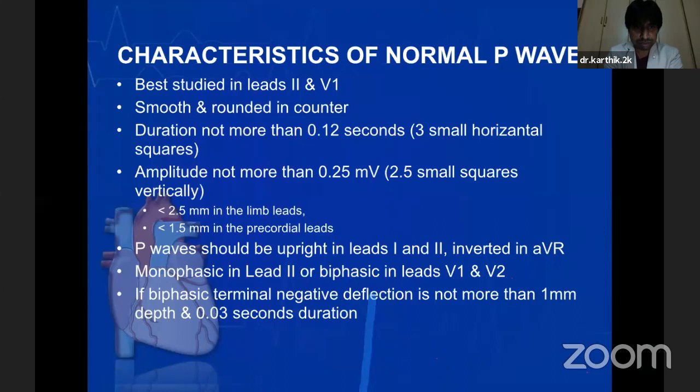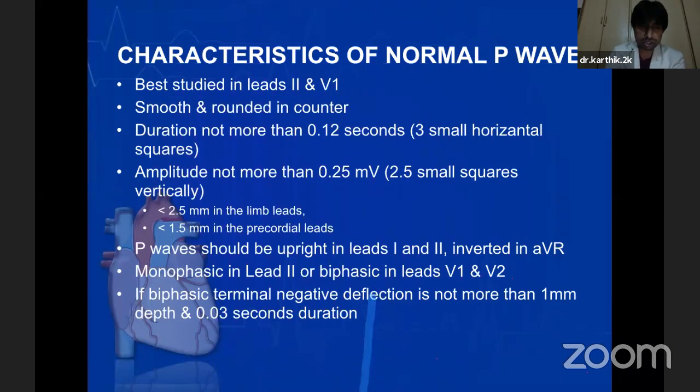So these are some of the characteristics based on those three attributes of a normal P wave. The P wave is best studied in leads 2 and lead V1. It is smooth and rounded in contour. The duration of the P wave is not more than 0.12 seconds or 120 milliseconds, which converts into 3 small horizontal squares. The amplitude is not more than 0.25 millivolts, which is roughly 2.5 small squares vertically.